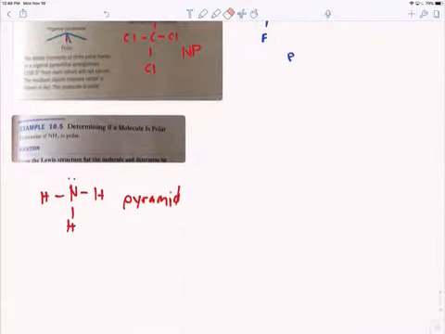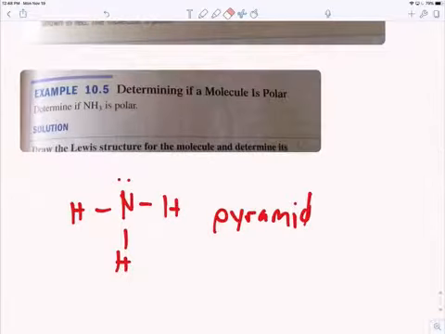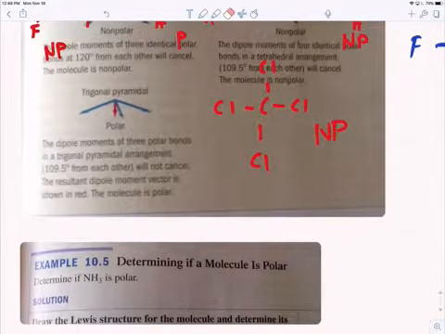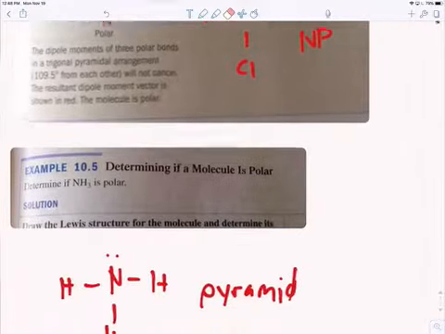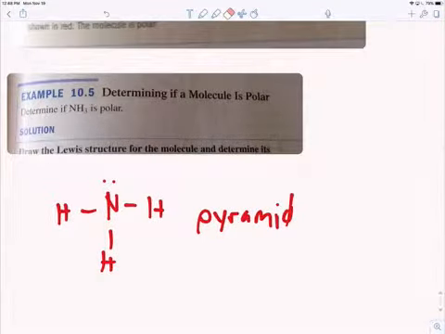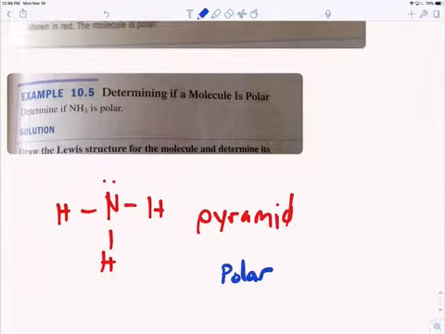All right, determine if ammonia is polar. As already mentioned, ammonia is a pyramid. So all pyramids are polar. Therefore, this is in fact polar. Right? Sound good?